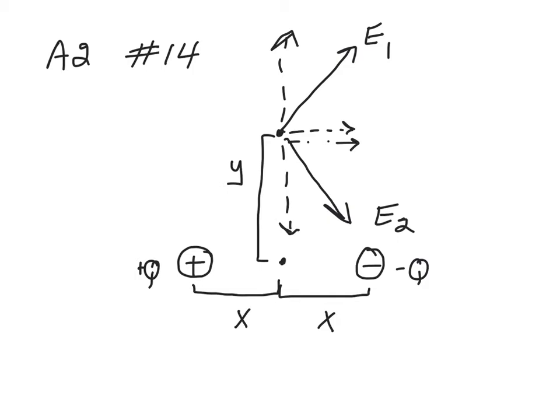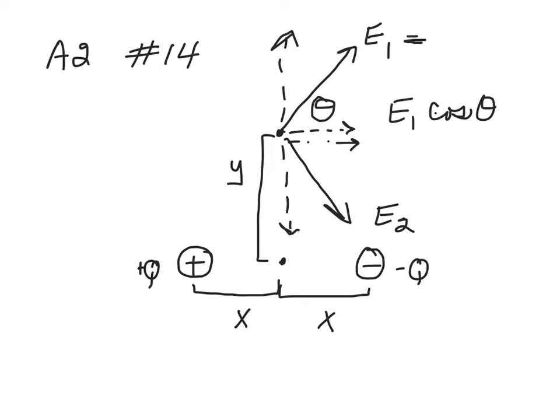And you need to find this angle theta. So to find this x component, it's going to be E1, whatever that magnitude is, times the cosine of theta, whatever that angle is. And what is E1?